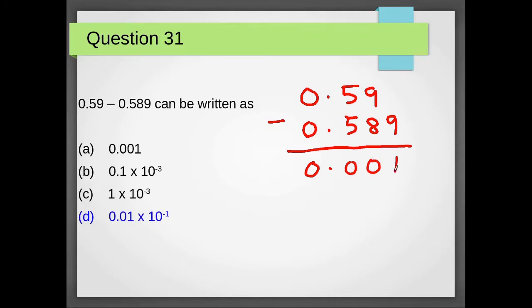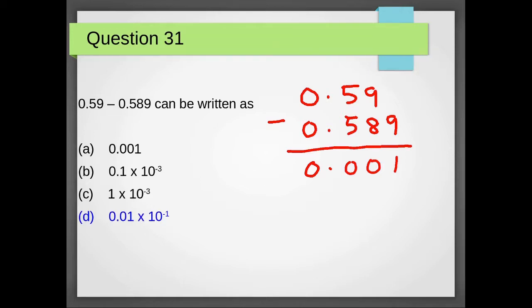Now if you go back and look at the question, there are two figures given. One is 0.59, the other is 0.589. And the rule states that when we add or subtract two figures, the answer should retain as many decimal places as the figure with the least number of decimal places.